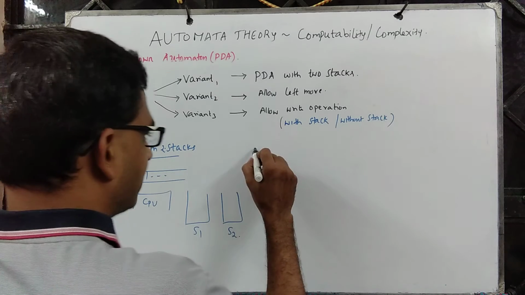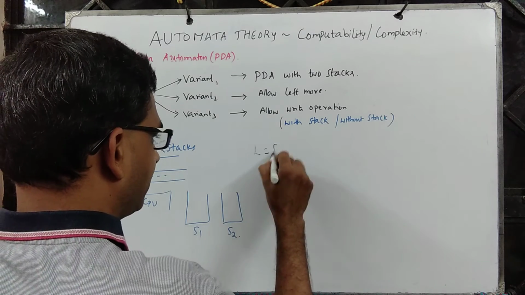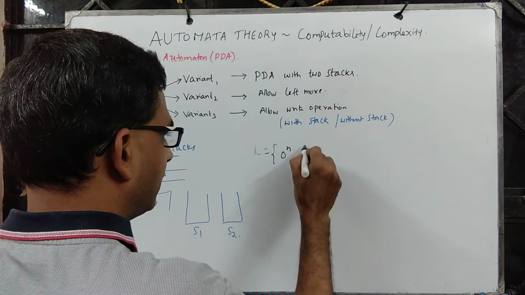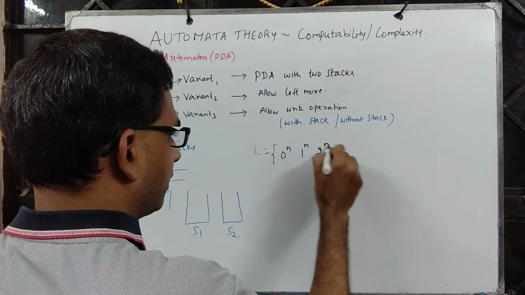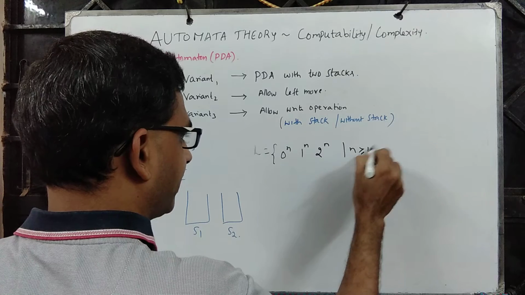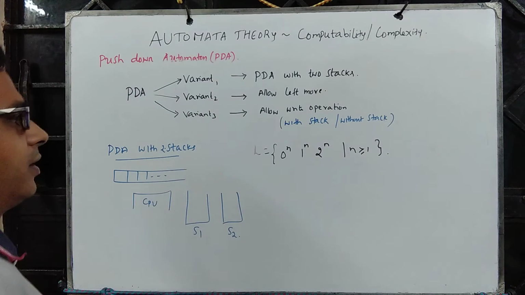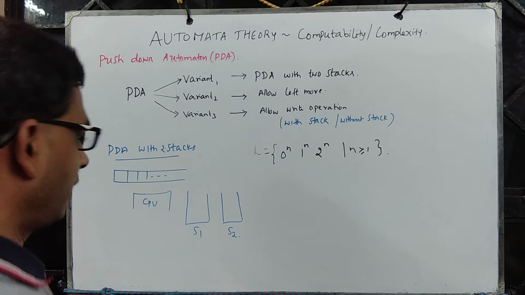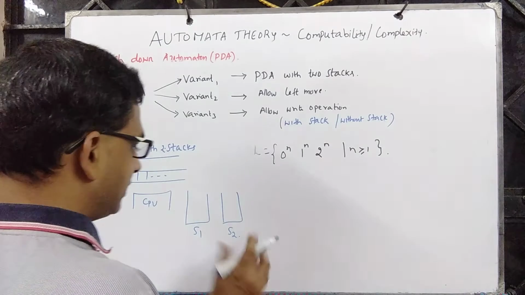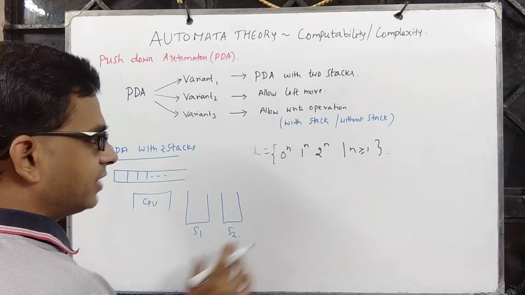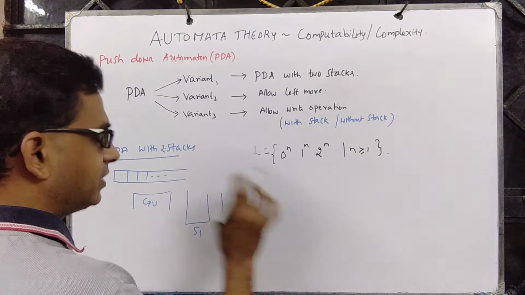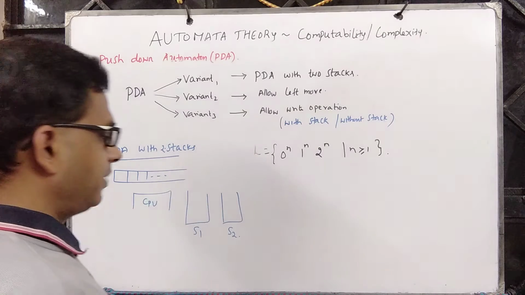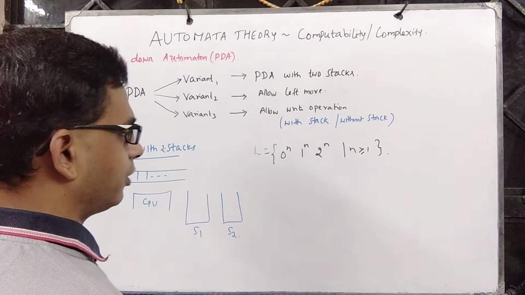Let's look at this language, the very first language that we discovered that it cannot be accepted by any PDA. So let's take this design and see whether this language is acceptable by this modified automaton or not.